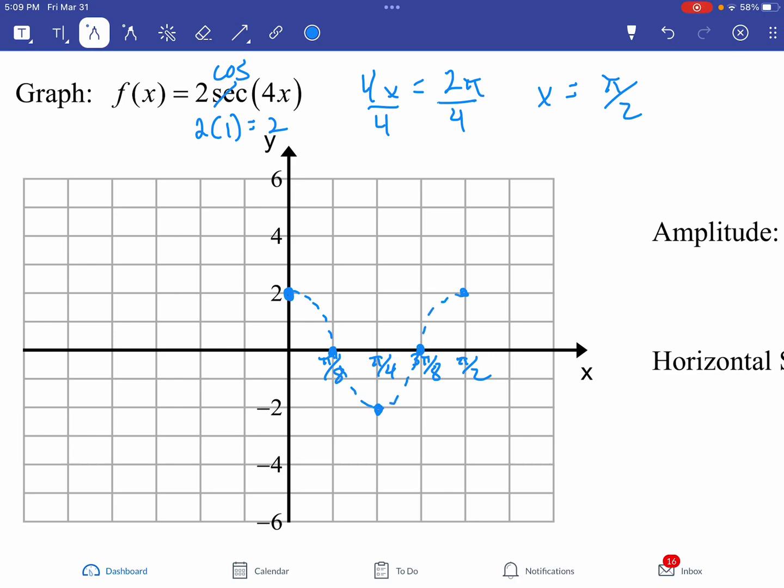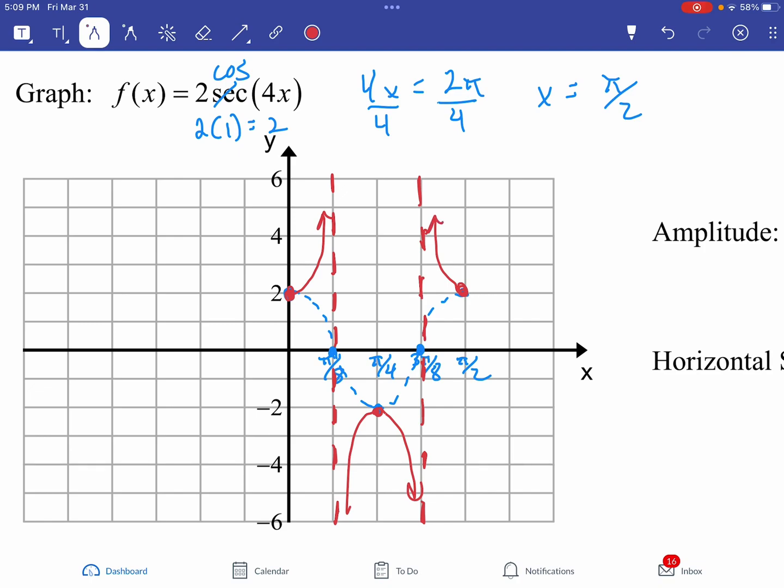All right, I'm going to change my color to put my asymptotes in. Those would be where the graph would usually cross the x-axis, which are not the peaks or the valleys. On the peak or the valley, I'm going to draw my parabola-type shapes. On the peaks, they're going to go up. The valleys, they're going to go down.